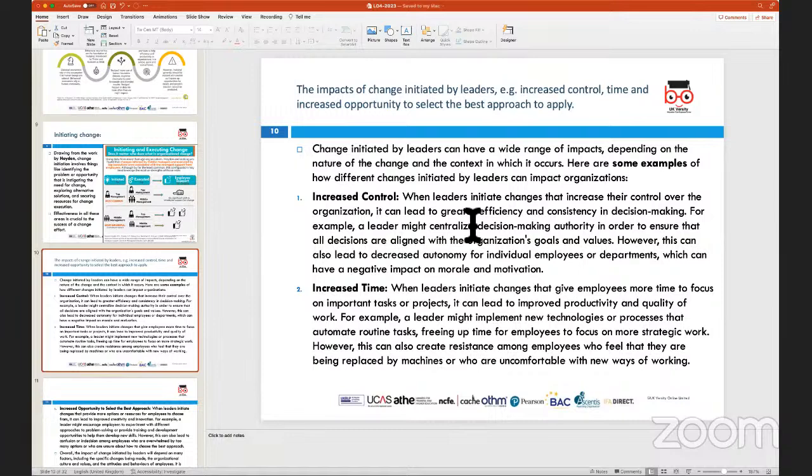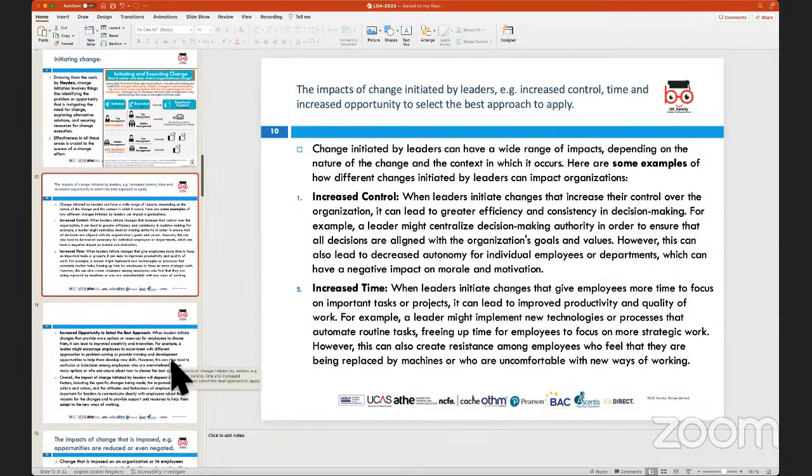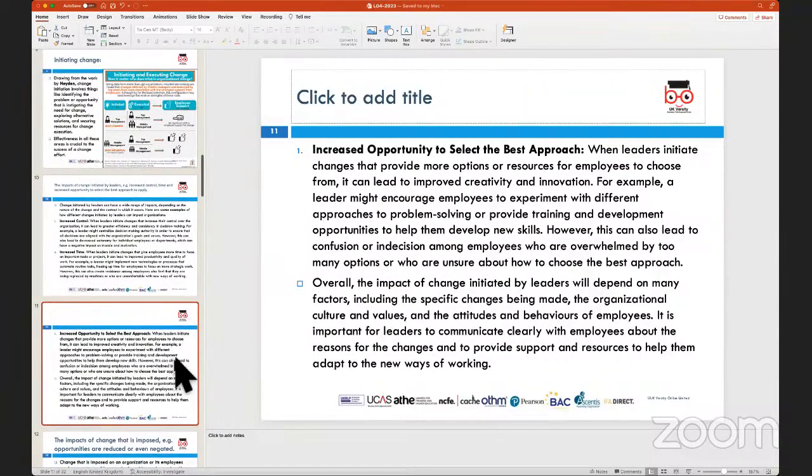These changes primarily tend to be for increased control, increased productivity in terms of efficiency and time, reducing cost, or in some cases, increasing opportunity by making sure that some of the operational aspects of the organization could be streamlined in order to achieve better outcomes.